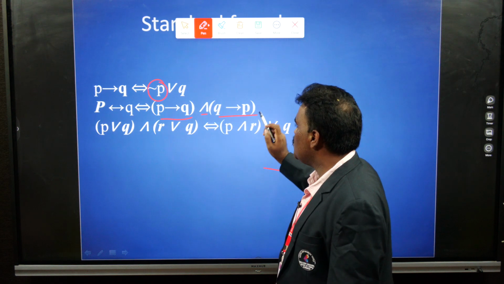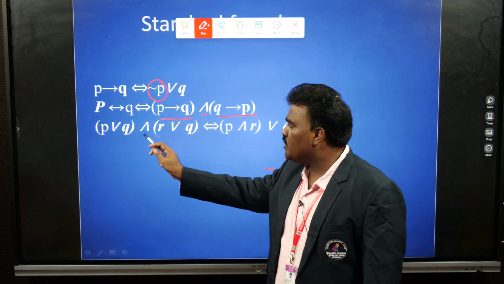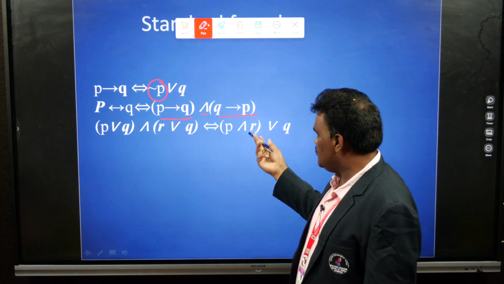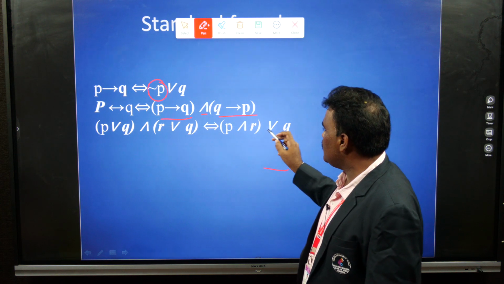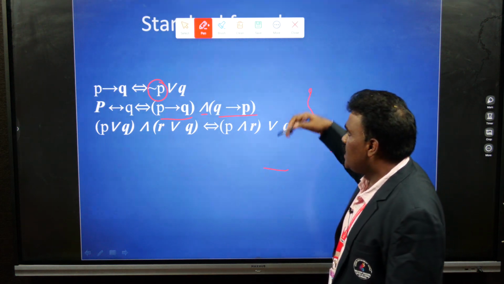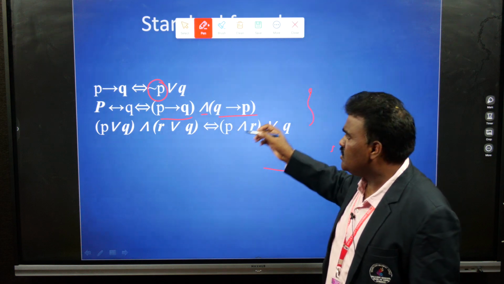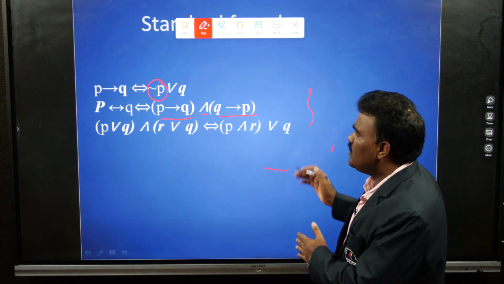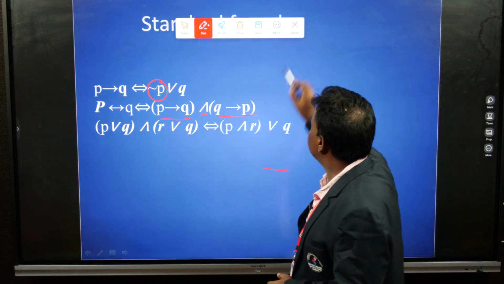And P or Q, and R or Q, can be represented as P and R, or Q. So these are the three standard formulas. In addition to the logical laws, we have to follow these standard formulas in order to solve the problems.